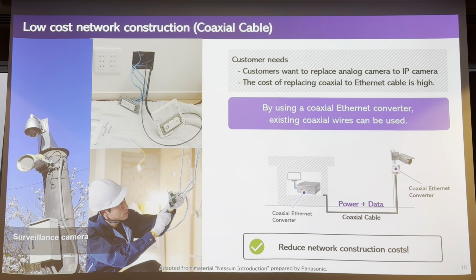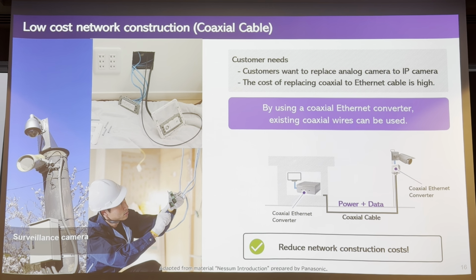The next one is an example of low-cost network construction for surveillance cameras. The customer's need is to replace analog cameras with IP cameras for security.